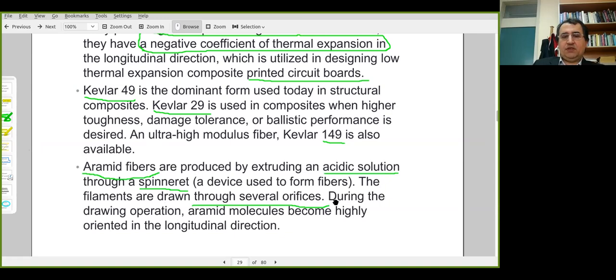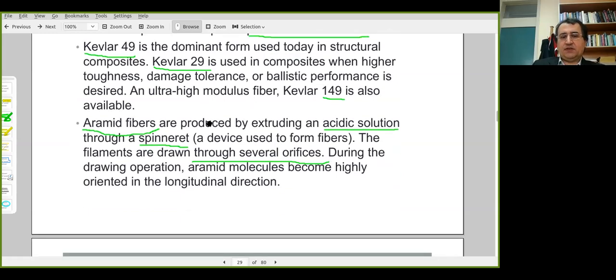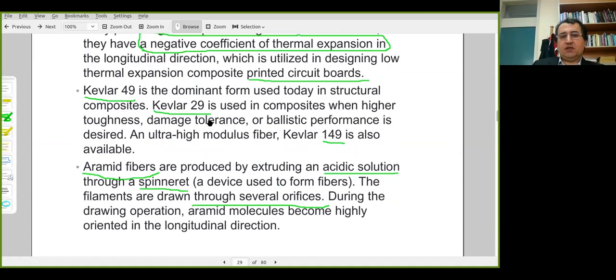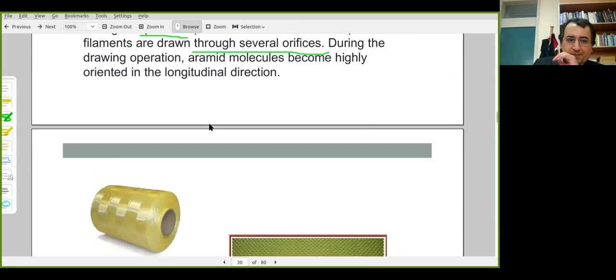We have shown this process for glass fibers, actually. During this operation, the aramid molecules are oriented in the longitudinal direction. This results in higher strength and stiffness in that particular direction of the material.